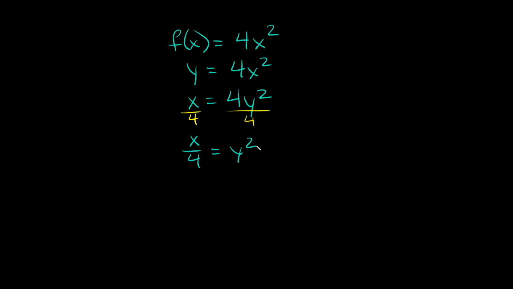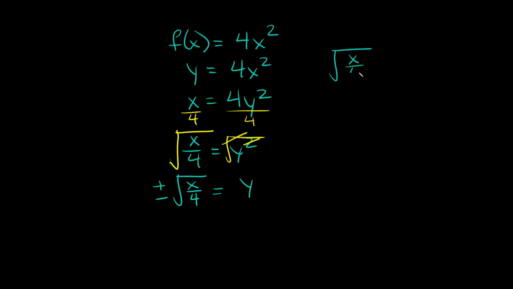Now to get rid of this exponent, we can take the square root of both sides. So those cancel out, and we're left with y is equal to plus or minus, because we're taking the square root, the square root of x over 4. Now the square root of x over 4, I'll write it over here. We can simplify this a little bit because 4 is a perfect square.